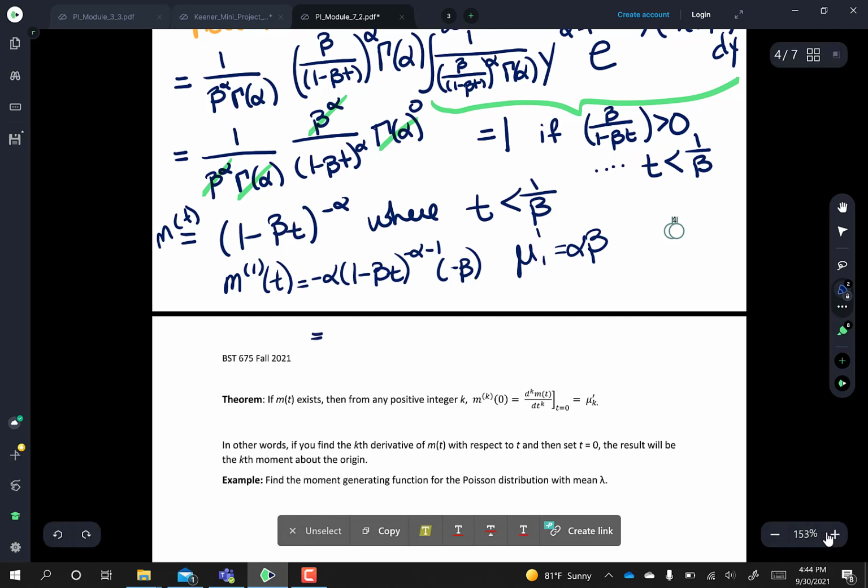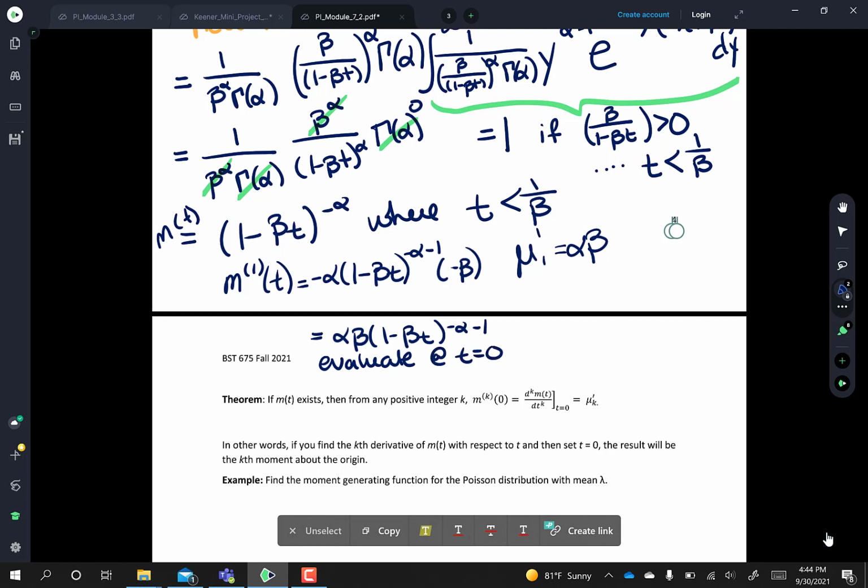And then you can show that this is equal to alpha beta times 1 minus beta t to the minus alpha minus 1. And then we're going to evaluate at t equal to 0. If we evaluate this at t equal to 0, you should find that the first derivative evaluated at 0 is equal to alpha beta.